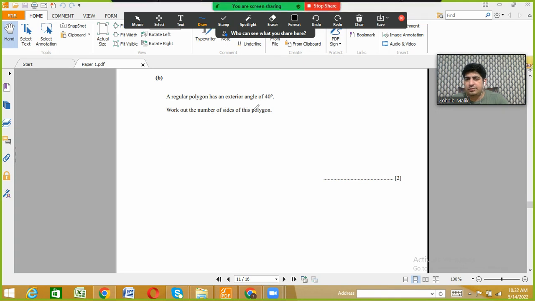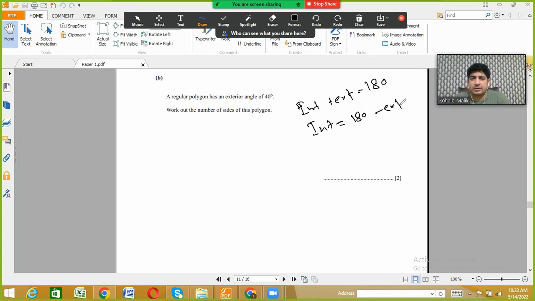But there is another way to solve this question. We know that the interior angle plus exterior angle will make 180 degrees. It always makes 180 degrees. So we can find the interior angle: it would be 180 minus the exterior angle. So 180 minus 40 would be 140 degrees, the interior angle of a regular shape.